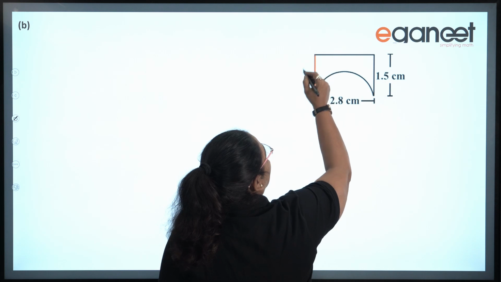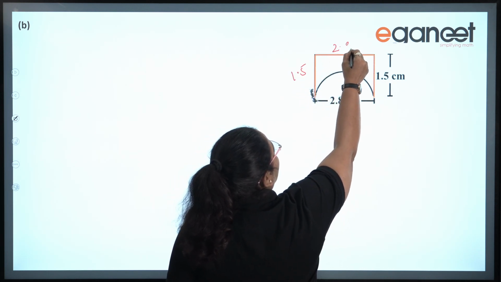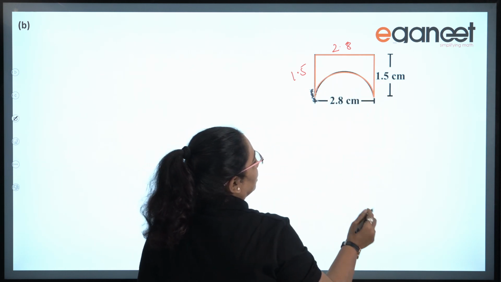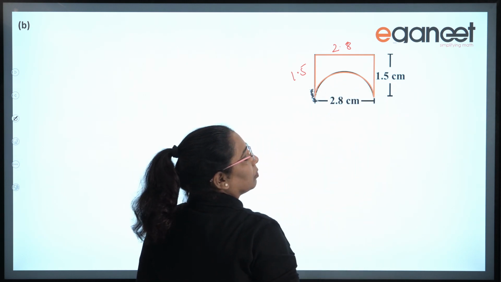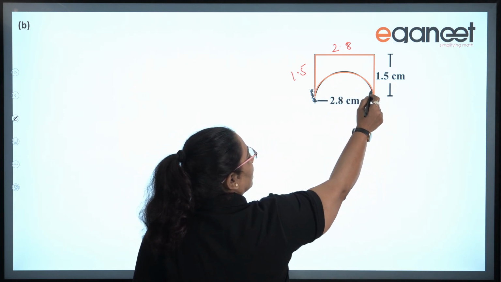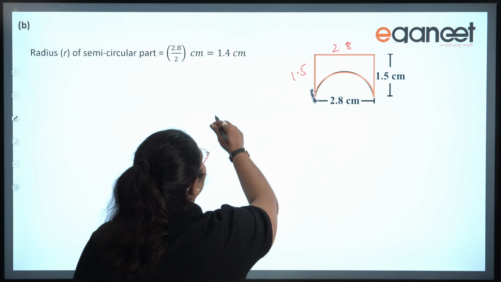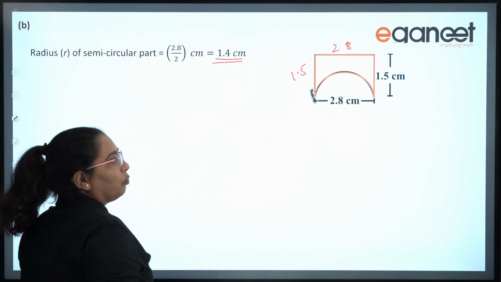It is this side, this is 1.5 centimeter, then this side, this is 2.8, this is 1.5, and then this semicircular region. Again, to find the perimeter of this semicircular region, we need to know the radius. Radius we find out in the similar way, which is equal to 1.4.